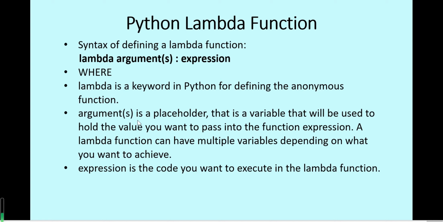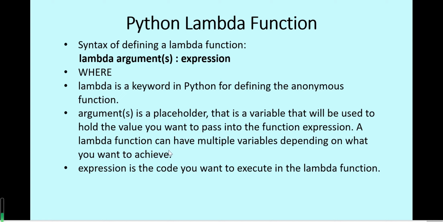And arguments is a placeholder, a variable that will be used to hold the value you want to pass into the function expression. This is actually the same as the arguments you define in a normal function with a name.